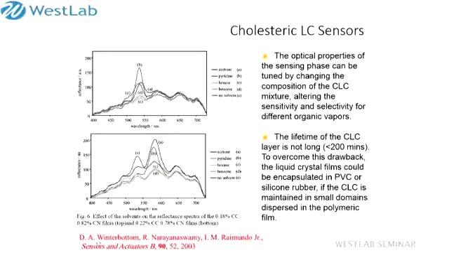The lifetime of the cholesteric liquid crystal layer is not long, less than 200 minutes. To overcome this drawback, the liquid crystal films could be encapsulated in polyvinyl chloride or silicone rubber, or the liquid crystal maintained in small droplets dispersed in a polymeric film.